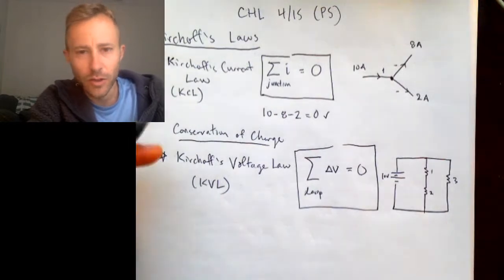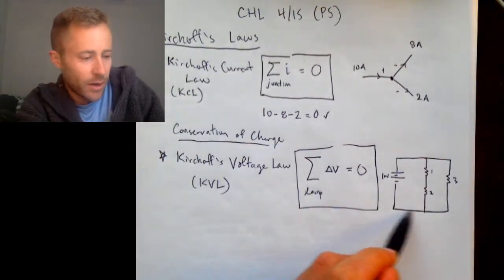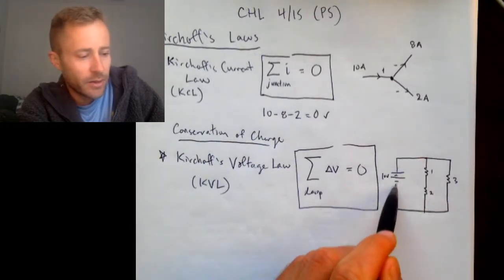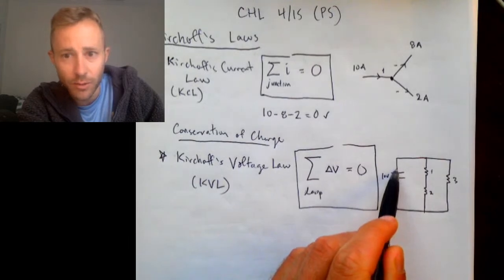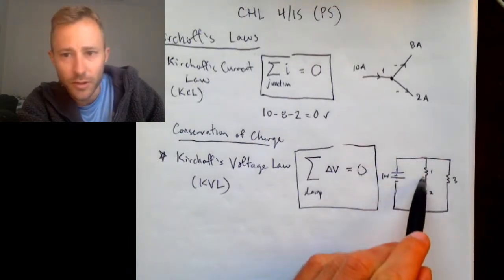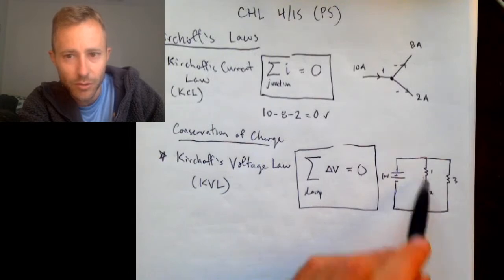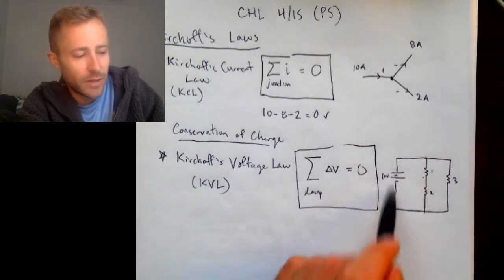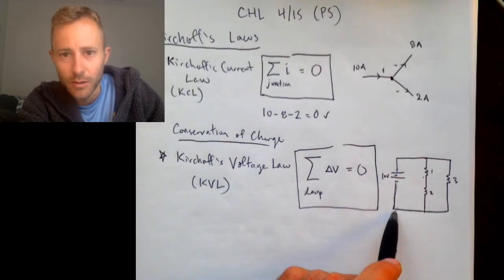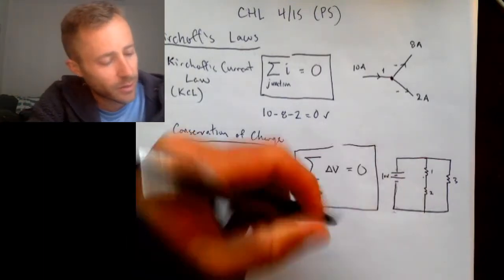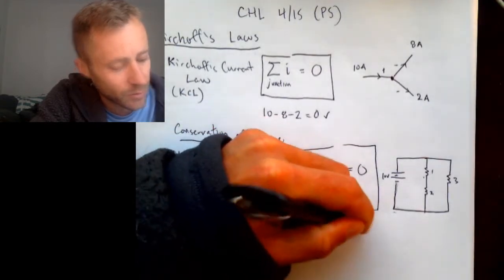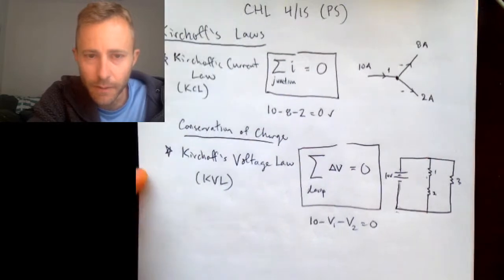We can imagine going around this loop. As you go through the battery, you rise 10 volts, and then you drop a certain number of volts across resistor 1, and you drop a certain number of volts across resistor 2, and then you get back to where you started. So the Kirchhoff's voltage law equation would be 10 minus V1 minus V2 equals 0.